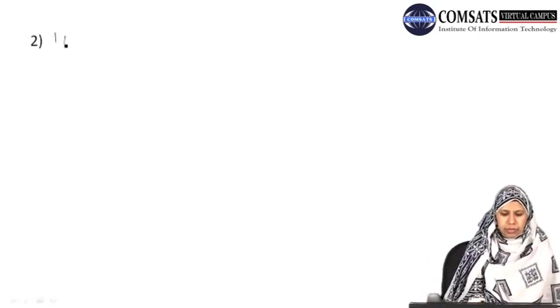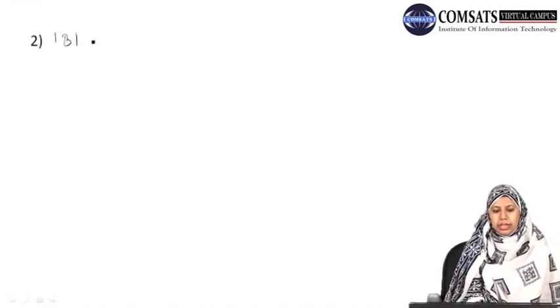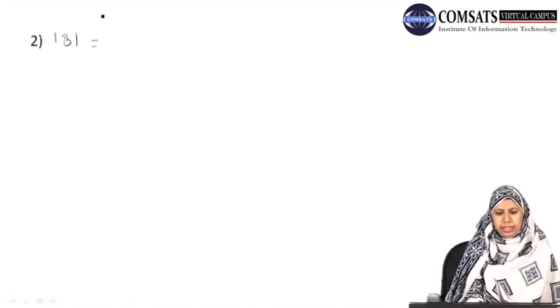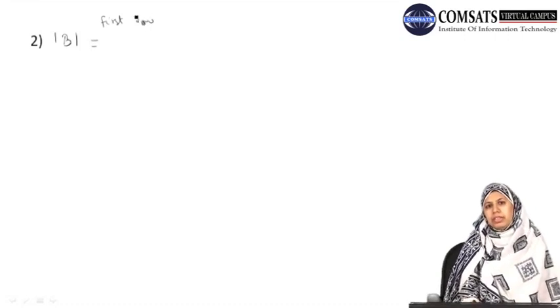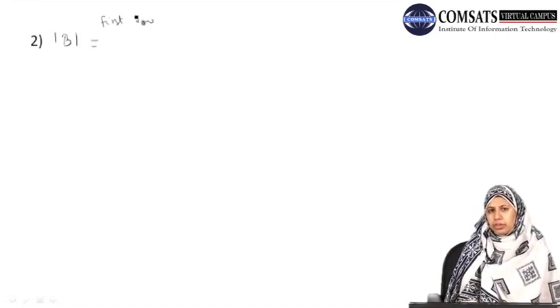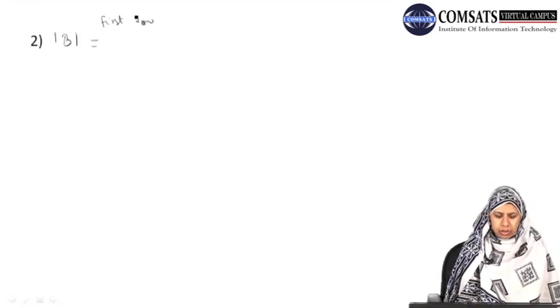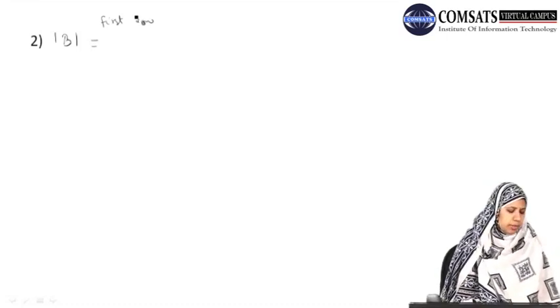Next we have to find the determinant of our matrix. The determinant of the matrix can be found by selecting any row or any column. We have selected our first row. You may find the determinant by selecting the second row or the third row or any of the 3 columns, and the answer will be the same.